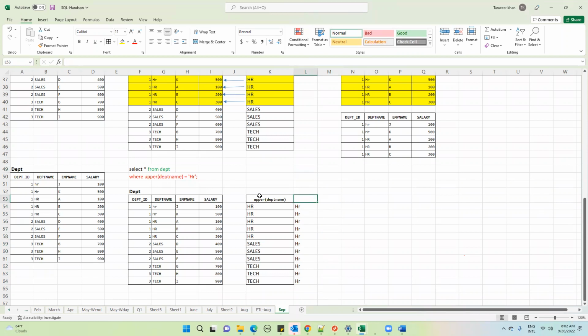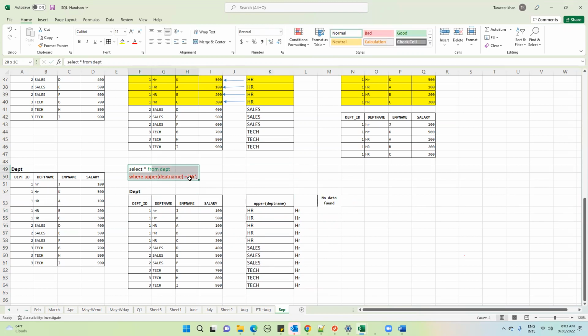So is this a match? No. Are they same? No. Are they same? No. Are they same? No. So in none of the records did you get a matching record, right? Correct? There's no matching record. So then this will tell this data set that there is no matching record. So finally you will get in the output that no data found. Let me run this query.